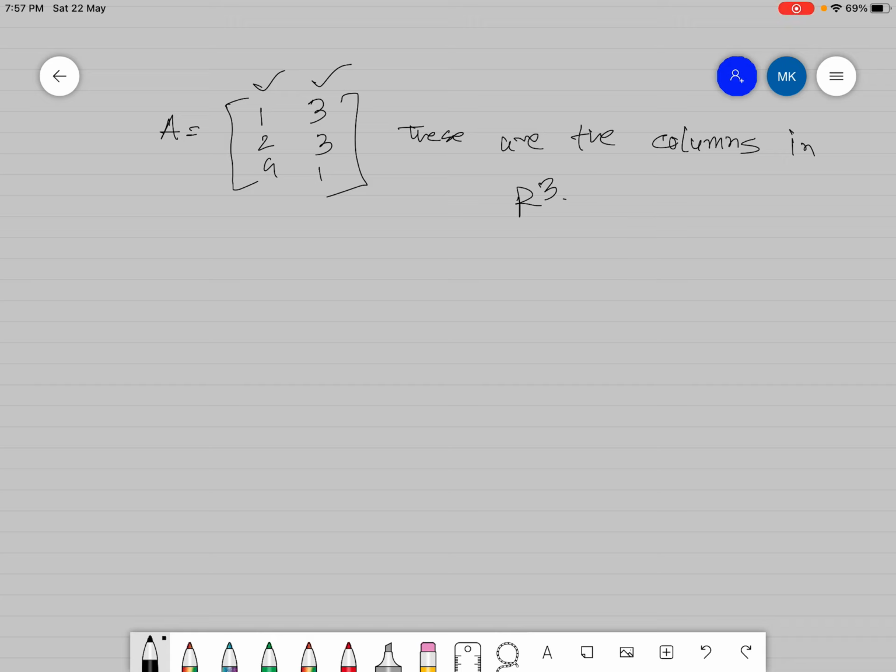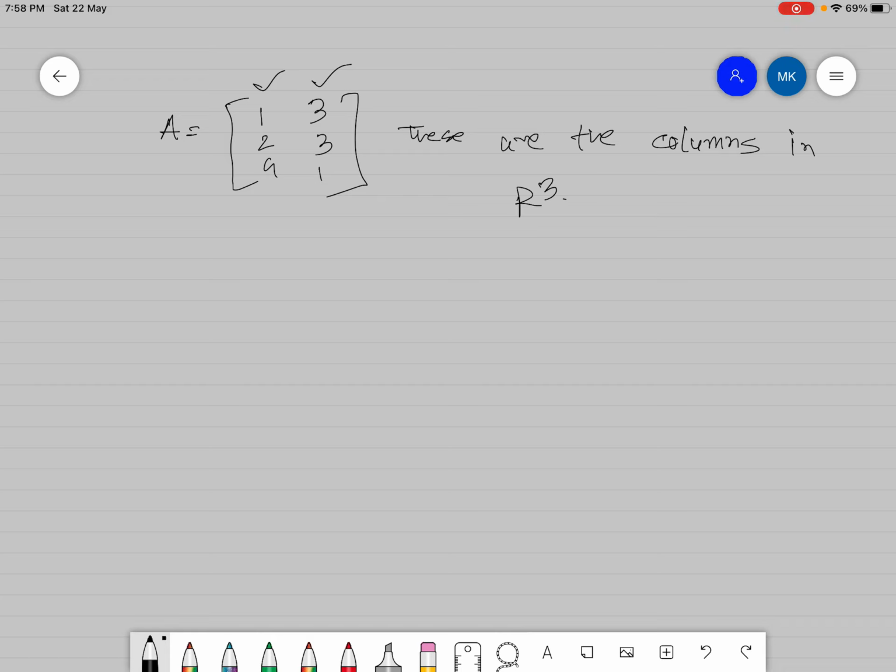So if you summarize, we have to be able to take all the linear combinations of these two columns, and these linear combinations form the subspace. So all the linear combinations that create the subspace is called the column space.